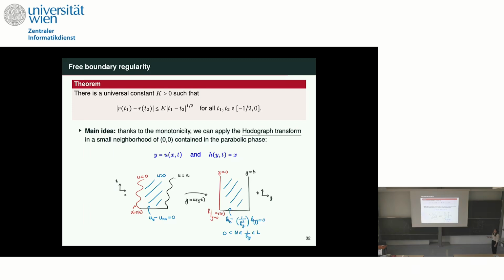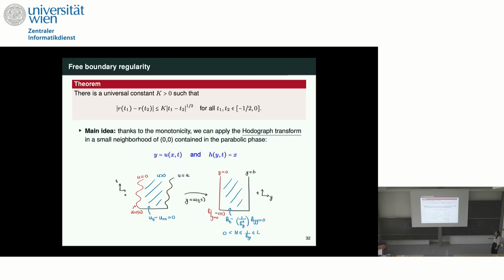But it's not bad, because thanks to the non-degeneracy and the Lipschitz continuity, you know that this coefficient is actually bounded above and below. So this is a uniformly parabolic equation. It's really not that bad. And so you basically study the Schauder theory, the boundary regularity of this solution.